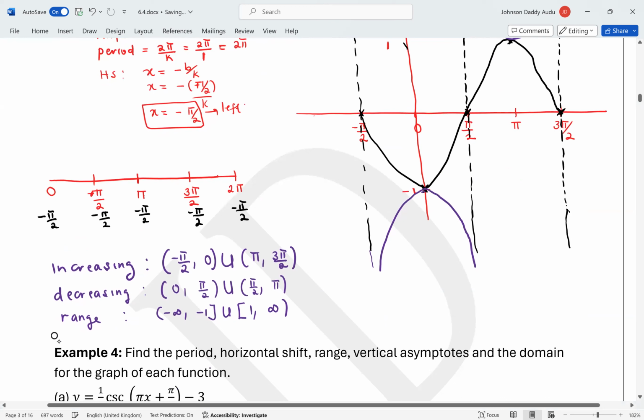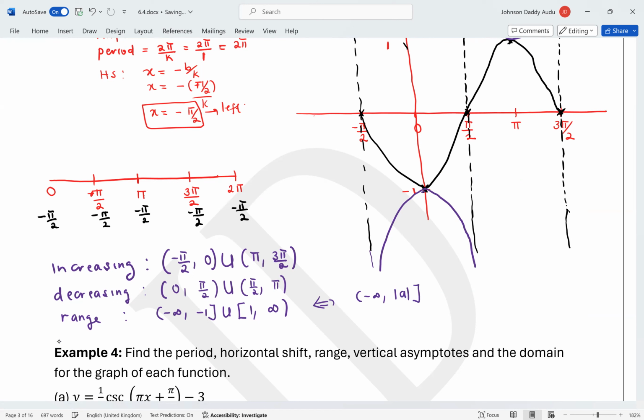Now, this is coming from which formula? There is a formula for finding the range, and this is also true for any, we'll talk more about it later. Yes, this is going to be from absolute value, right?